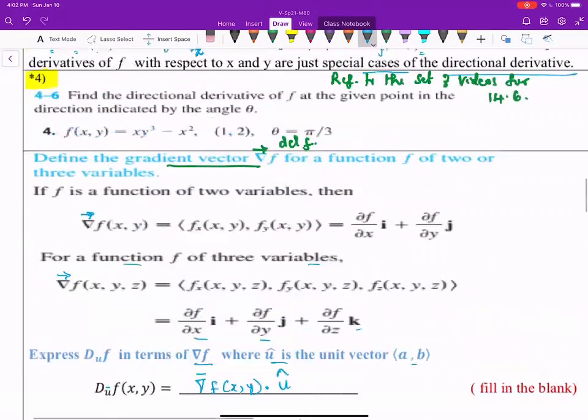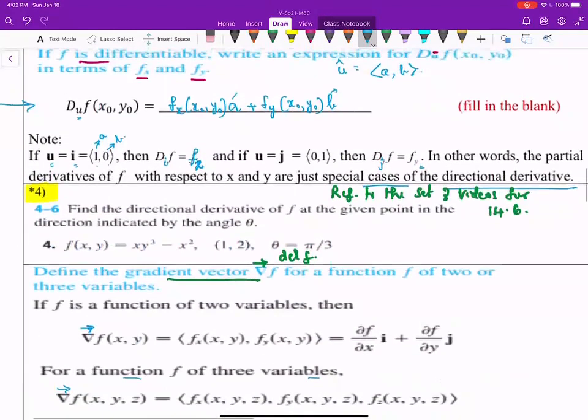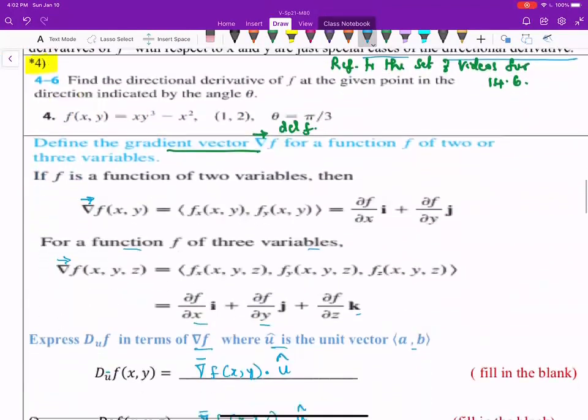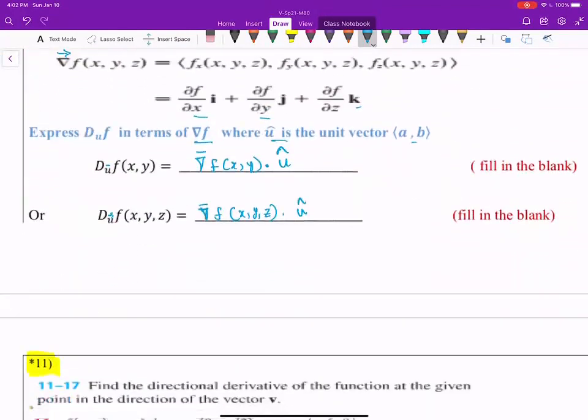If you notice here, earlier when we derived Du f, the formula was fx a plus fy b. That is the definition. So if you consider del f dot u, in 2 dimensions for example, it is fx, fy dot a, b.